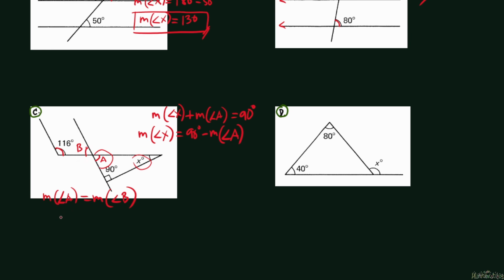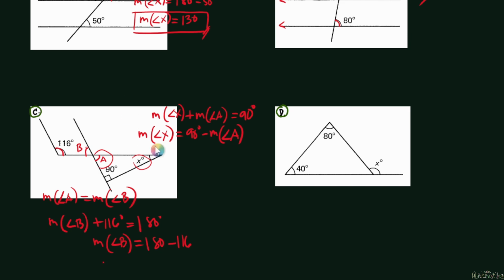So we can say that the measure of angle B plus 116 degrees is equal to 180 degrees. From this, we can have the measure of angle B as 180 minus 116.